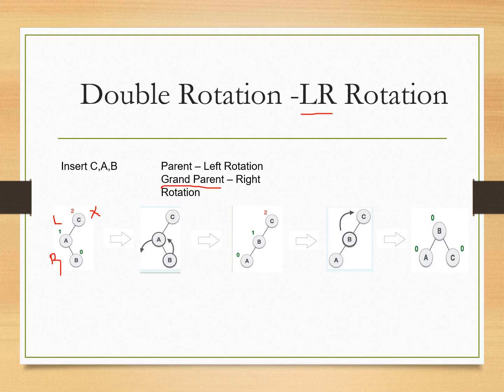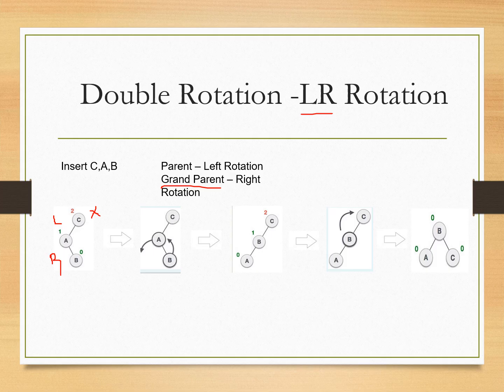So in all these examples, you can understand that for rotation, we are concentrating only on 3 nodes, however big the tree might be. The focus should be only on 3 nodes. You have to correctly select the 3 nodes to be rotated. That is crucial. And I will give you a shortcut also.